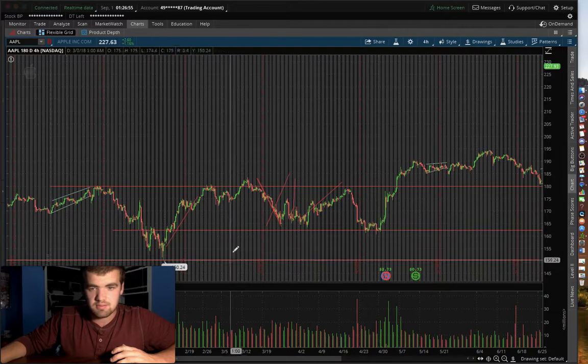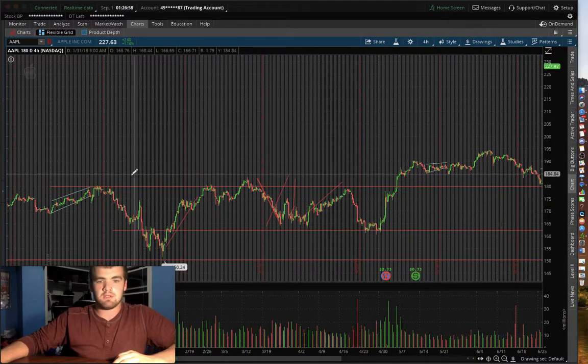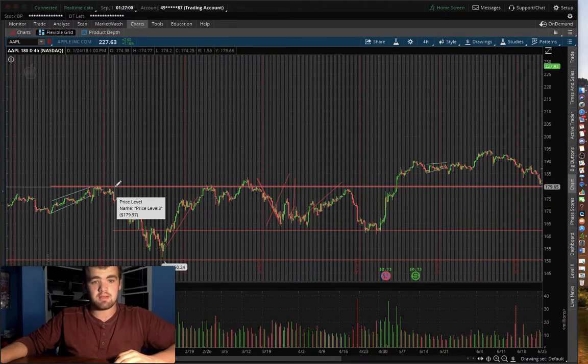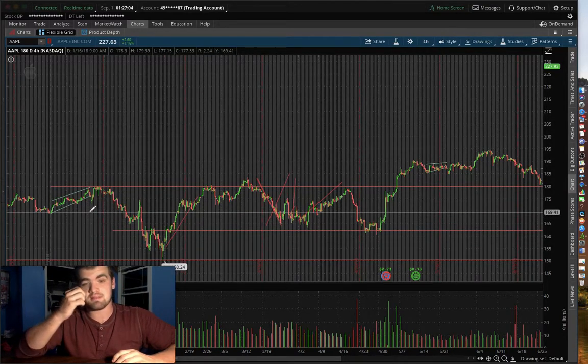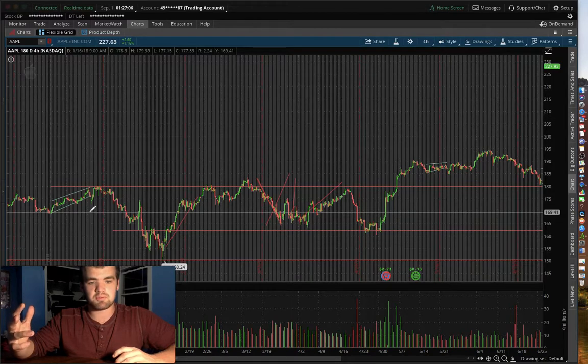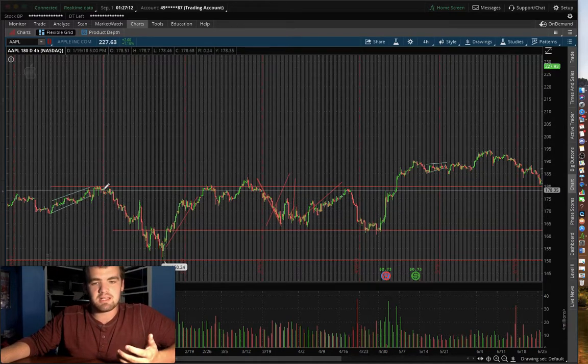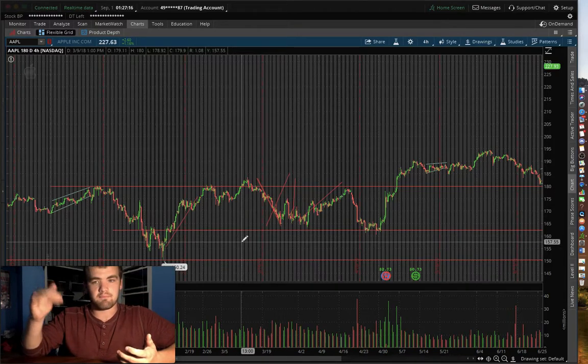Alright, so that should be a little cleaner. As you guys can see right up here, this is where buyers tend to sell their positions, and this is where short sellers step in. Because it's pretty easy, this is where it breaks down, meaning it falls.